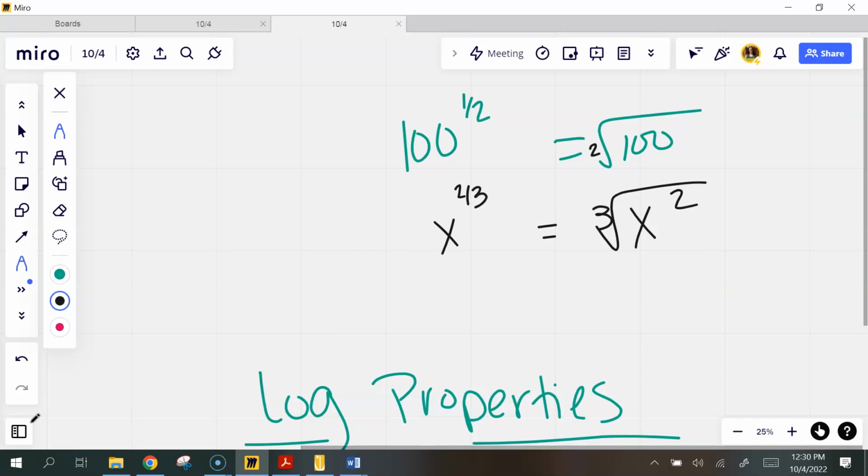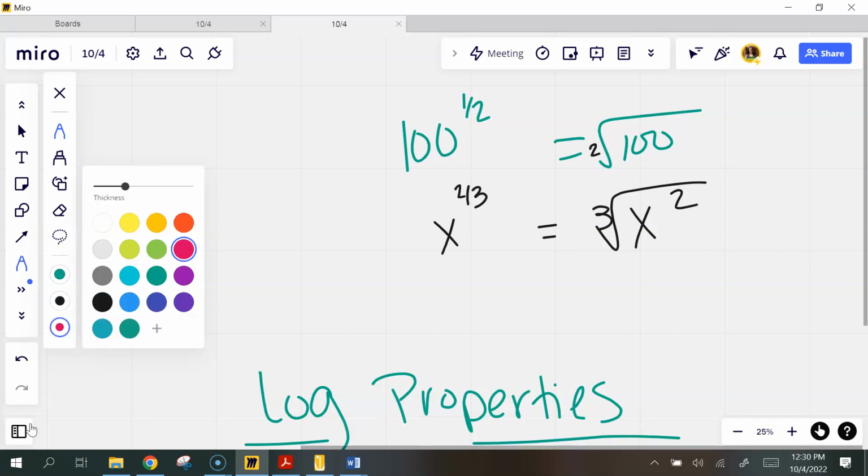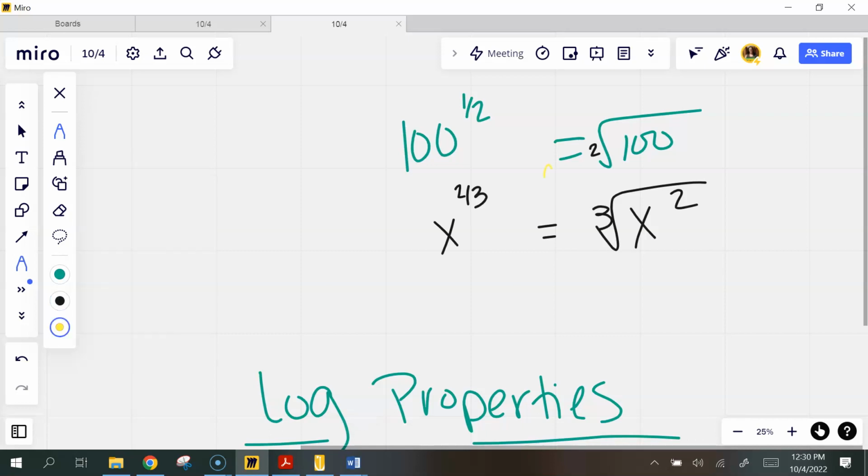Y'all remember Sunshine? I remember you saying something about Sunshine. If it goes in the shade, it goes in the sun. So if this is a sun, in this form, the 3 is in the shade, the 2 is in the sun.